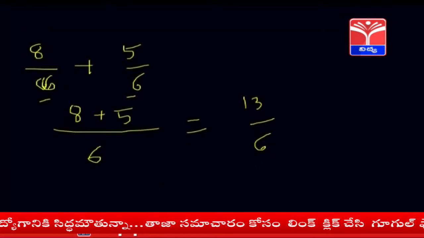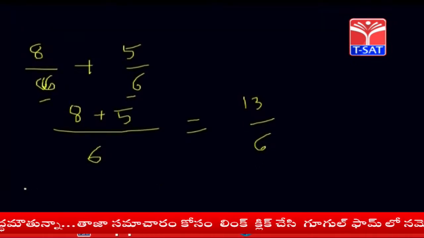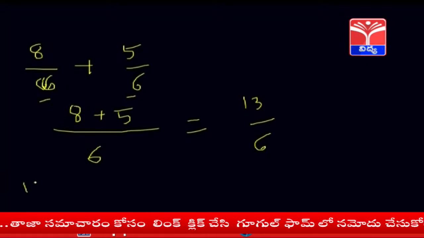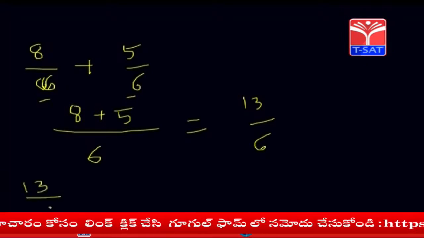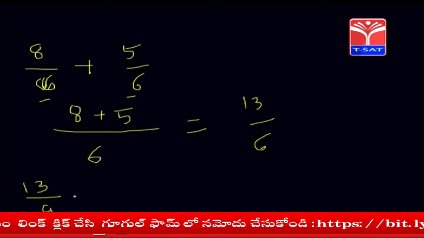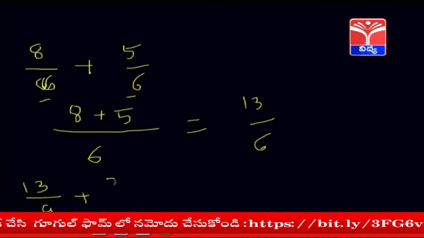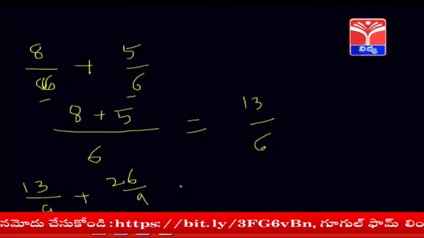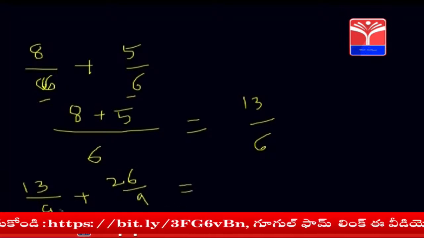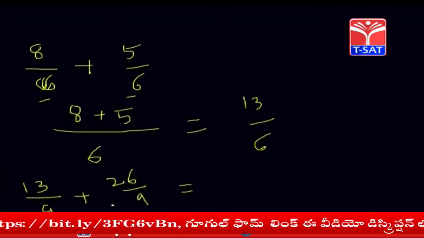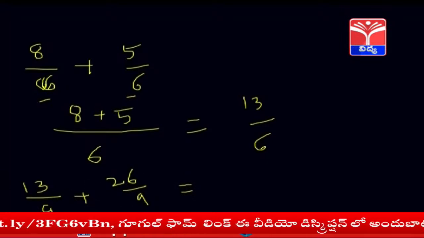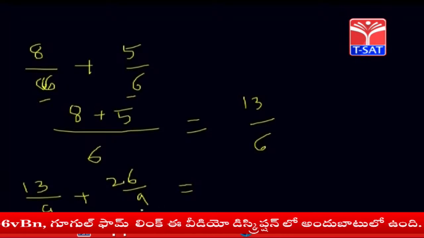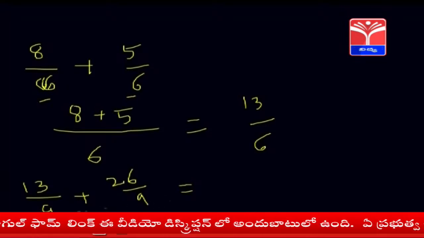See one more problem. You will try 13/9 plus 26/9. Children, these two are also like fractions. Why? Because they have the same denominators. So these are called like fractions.